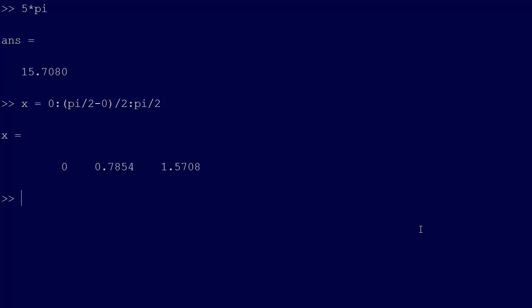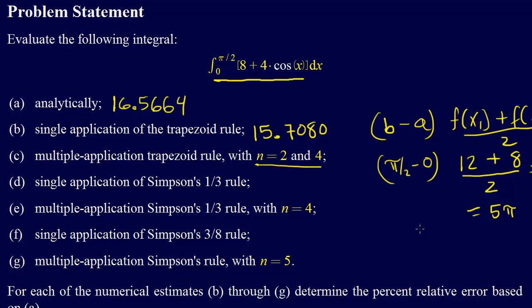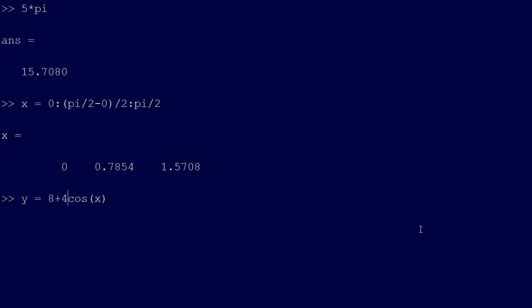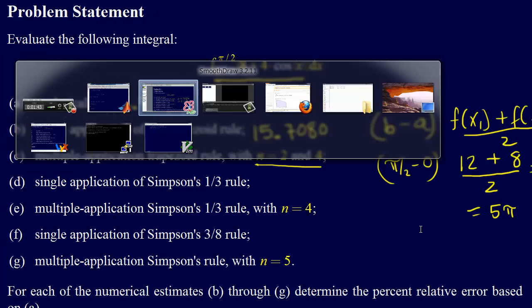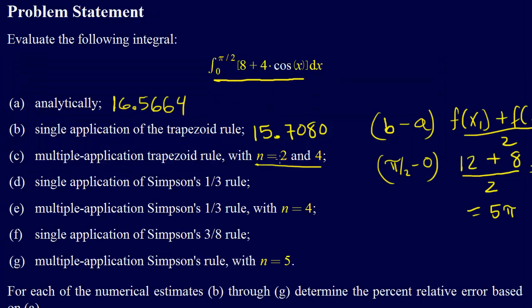Then we get our x vector, and y is equal to 8 plus 4 times the cosine of x. So there we have our y, and then we can say trapz of x, y, and we get 16.3586. That's the first part of part C with n equals 2.